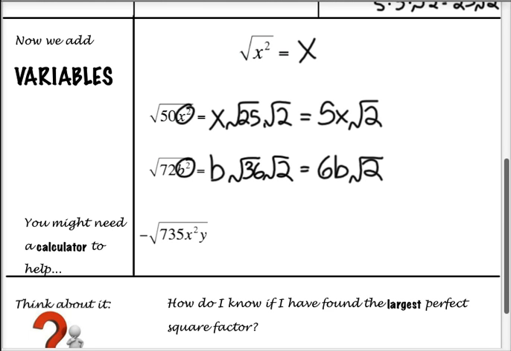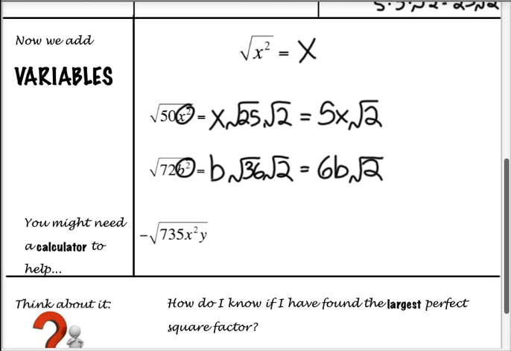All right, now for this next number, 735. This one might be a little bit trickier, okay, because 735, it's rather large, and we don't really know what perfect square may go in it. So I'm going to run through my list. 735 divided by 4, nope, doesn't work. 735 divided by 9, doesn't work. 735 divided by 16, doesn't work.